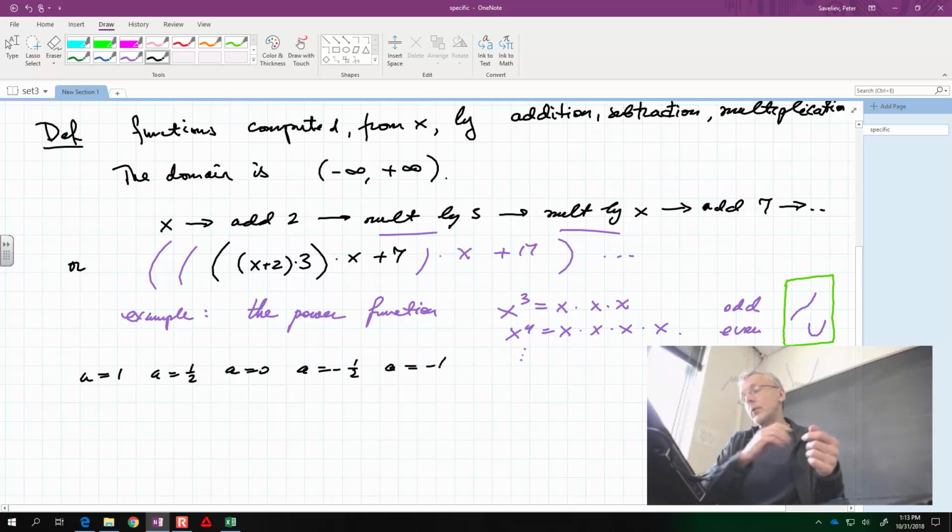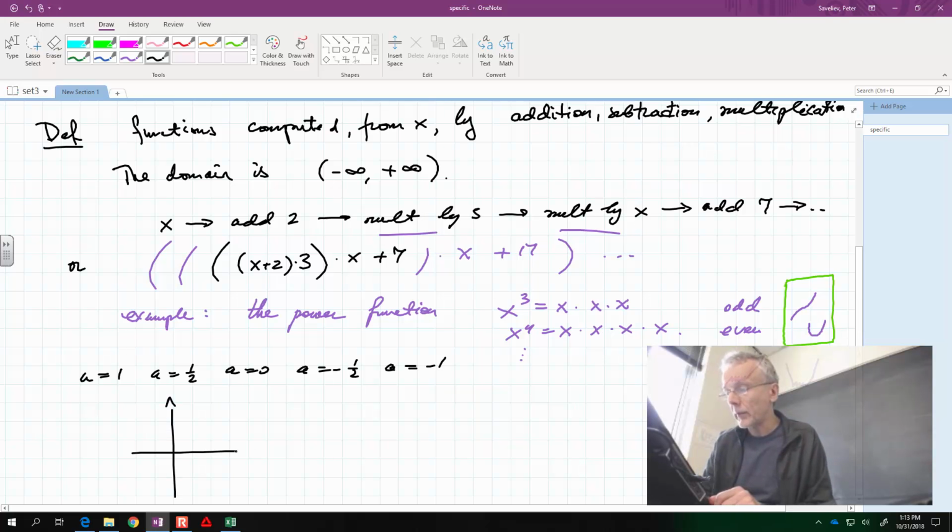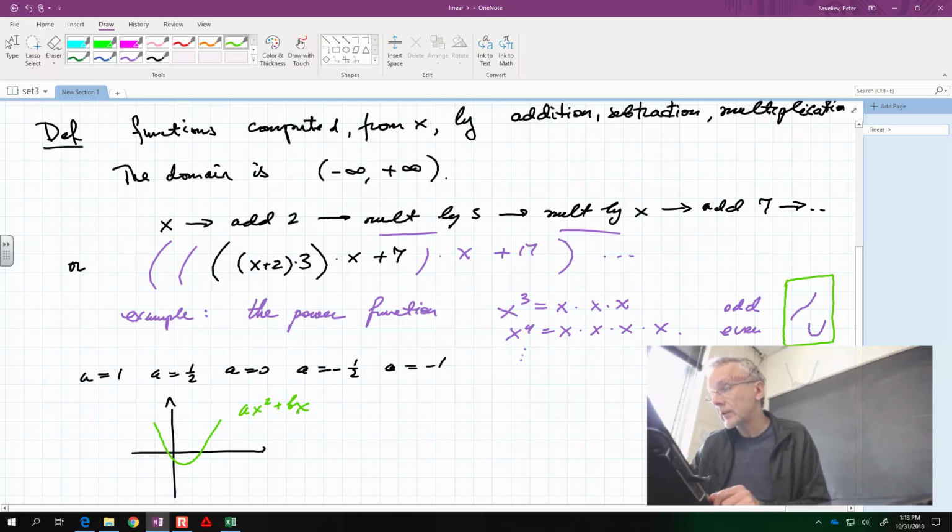Suppose a runs through these values, and we start with some kind of quadratic polynomial that might look like this. Let me move it slightly off. Suppose this is my quadratic polynomial, ax squared plus bx plus c, and then I start varying a.